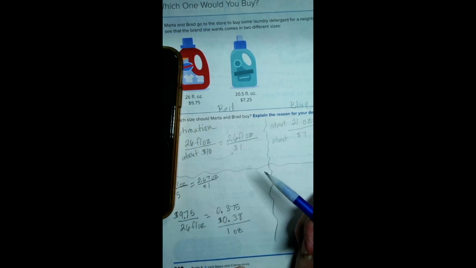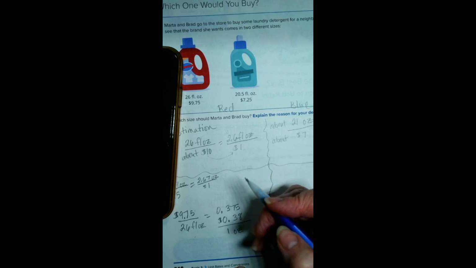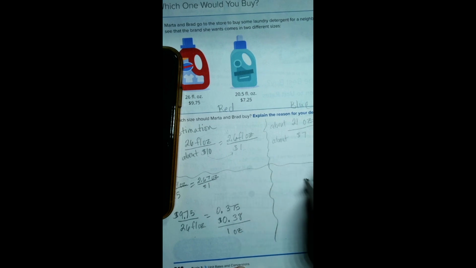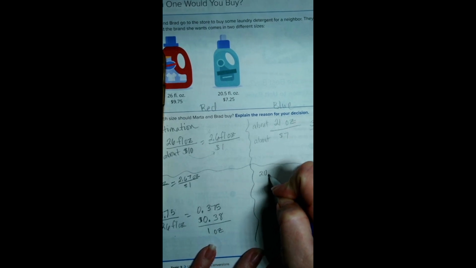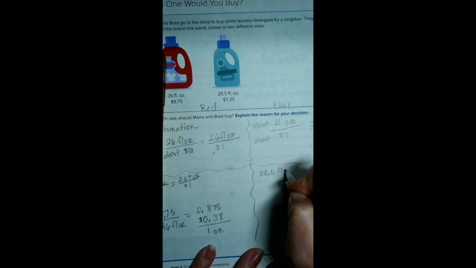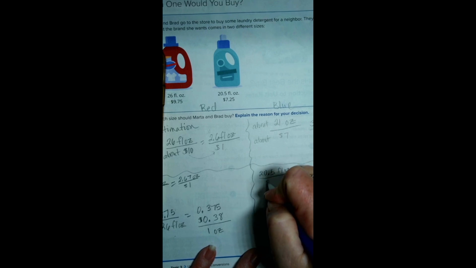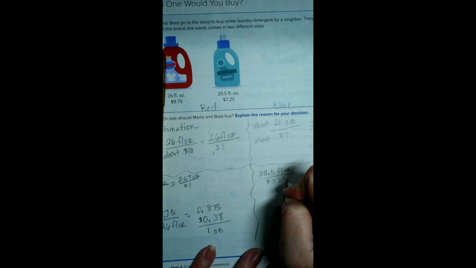So remember, when you just do this division, you are finding the unit rate. You're finding the per one. And then if I did this here with the blue one, the exact division would be 20.5 fluid ounces divided by $7.25.